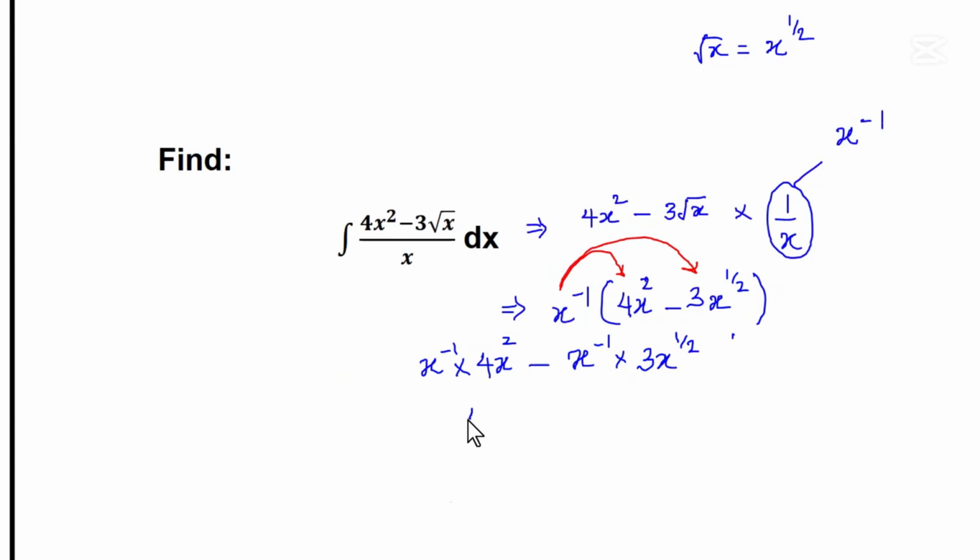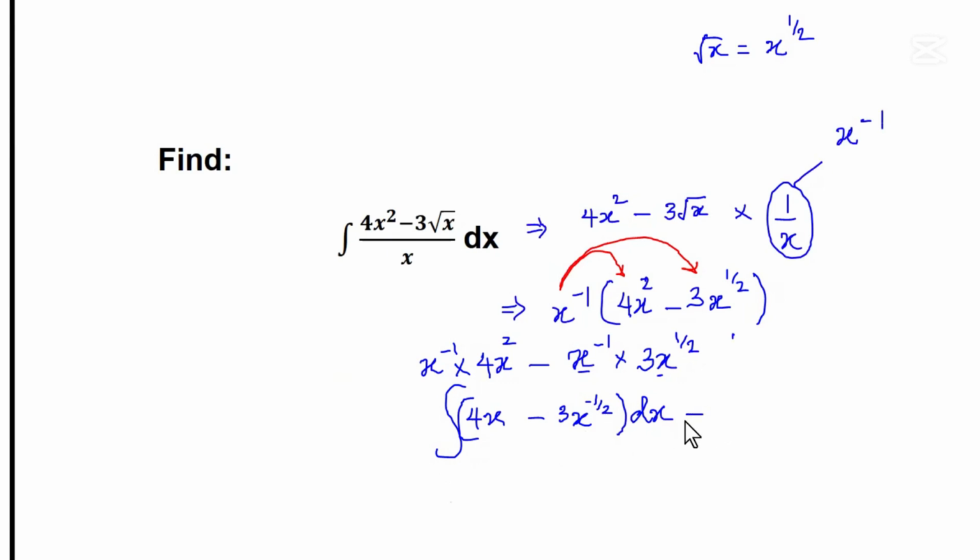So we have 4x. Minus, here the x and x are of the same base, so we add the powers. -1 plus 1/2 gives us -1/2, so we have 3x to the power of -1/2. This is the expression we will integrate: the integral of 4x minus 3x to the power of -1/2 dx.